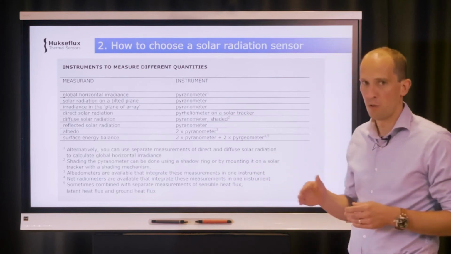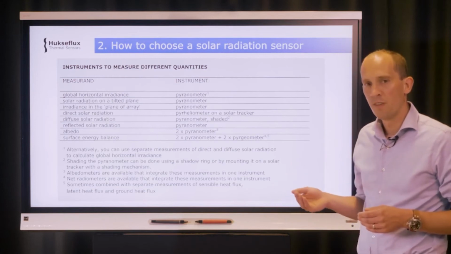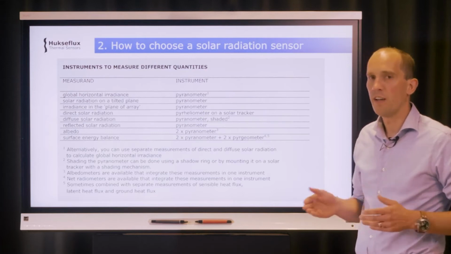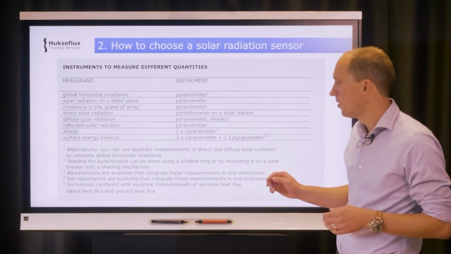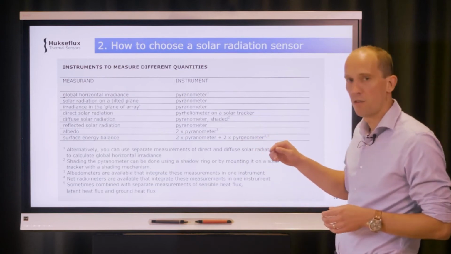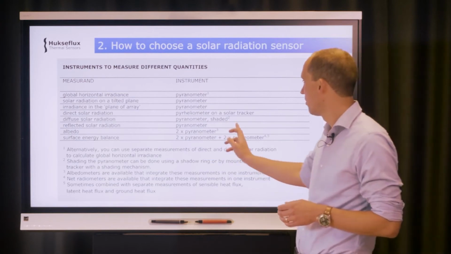And sometimes these instruments are also combined with long-wave radiation measurements, which measure thermal energy to find the complete energy balance. And these instruments are called pyrgeometers. I will show you some of these different applications of solar radiation sensors in a bit more detail.